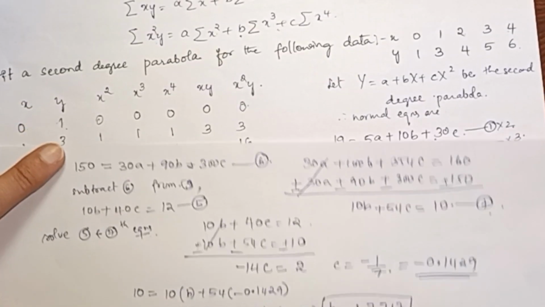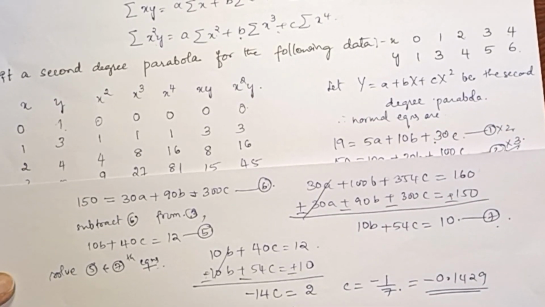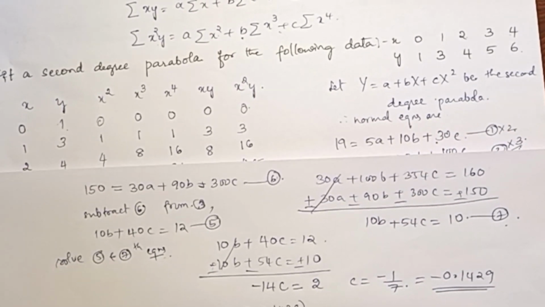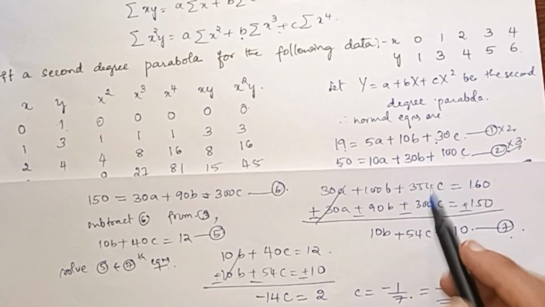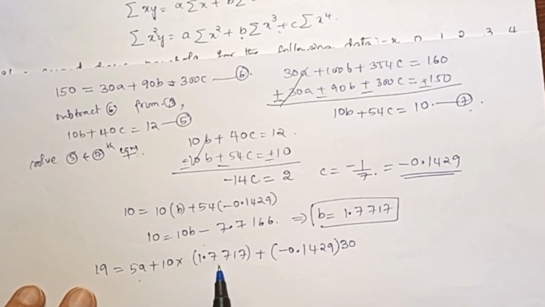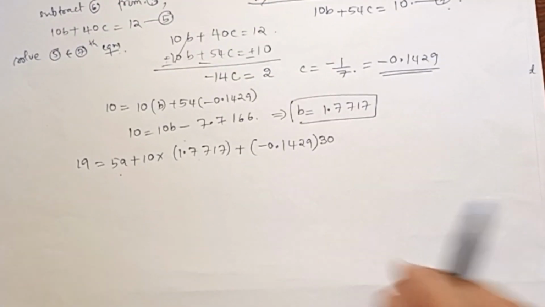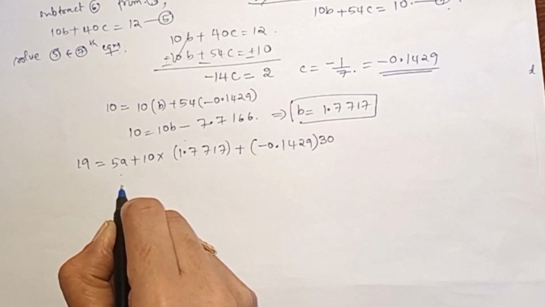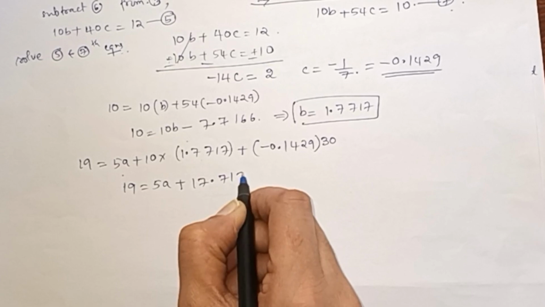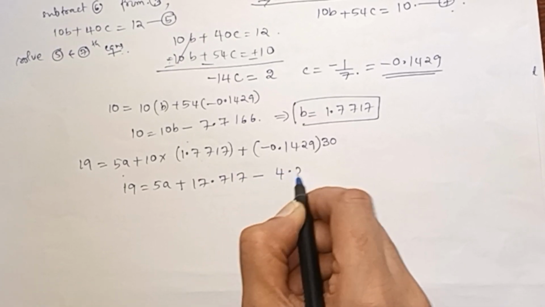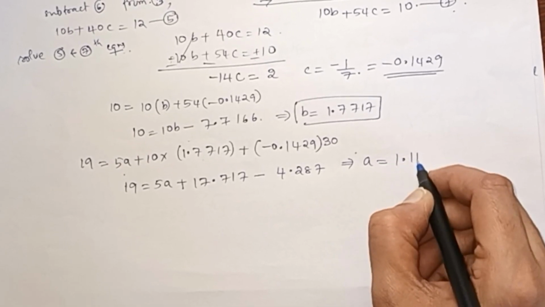This was the first equation, 19 equal to 5a plus 10b plus 30c. The a value I don't know, the b value and the c value I have substituted. After simplifying, 19 equal to 5a plus 17.717 minus 4.287. That gives you a equal to 1.114.